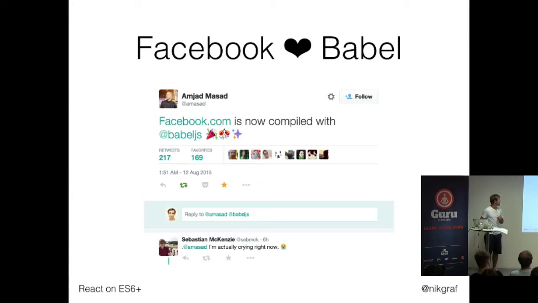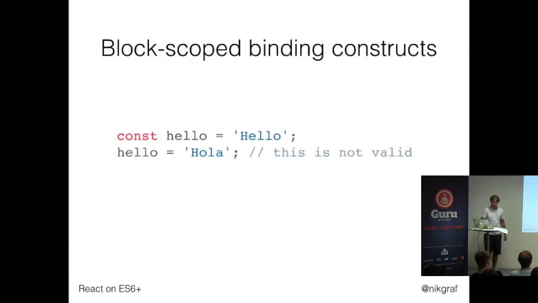Let's start with something not too complex, but definitely one of my favorite features in ECMAScript 6: block scope binding constructs. Keep in mind, I will show you some ECMAScript 6 features.